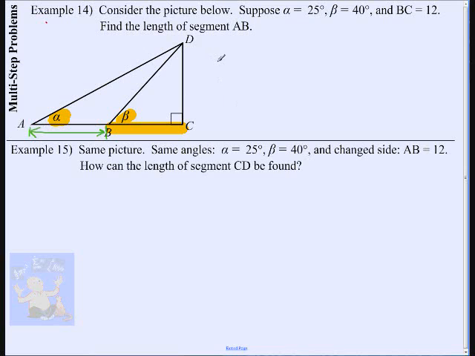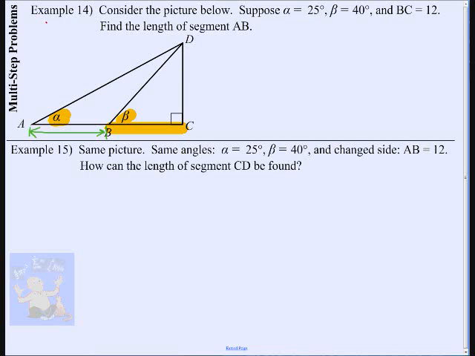Now, we're very good at solving right triangles. So we've got two right triangles to solve here. Which one should we go for first? Well, the one we need to go for first is the one where we have two measures, which would be DBC.